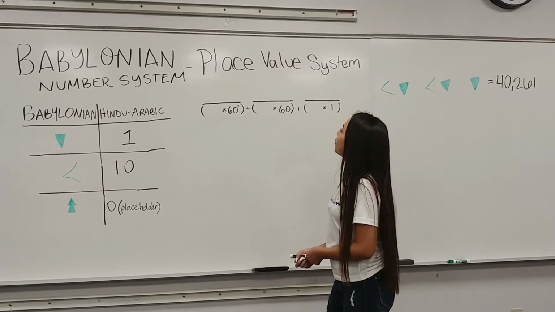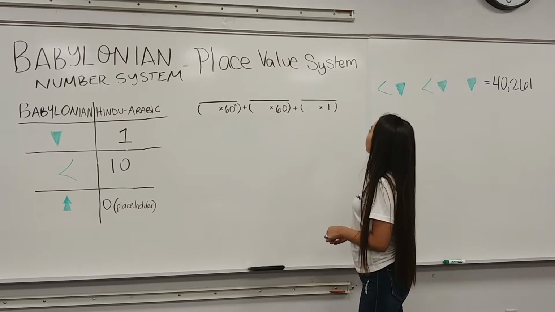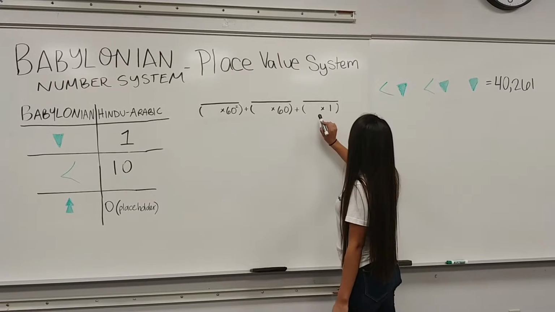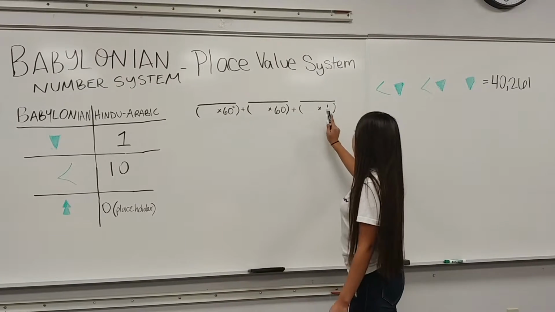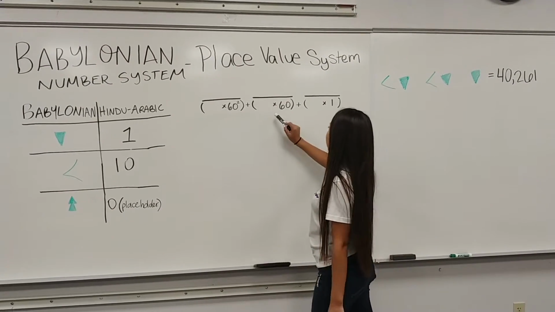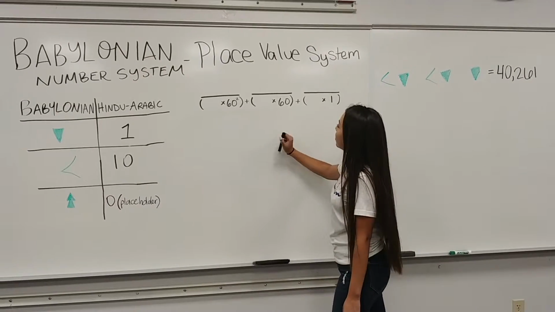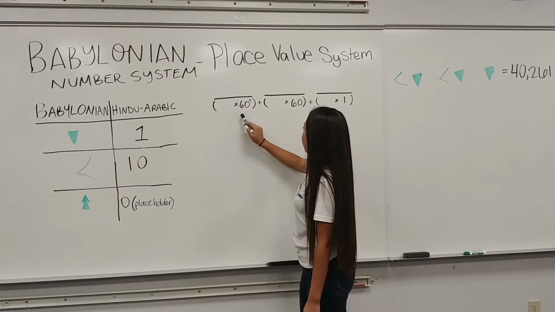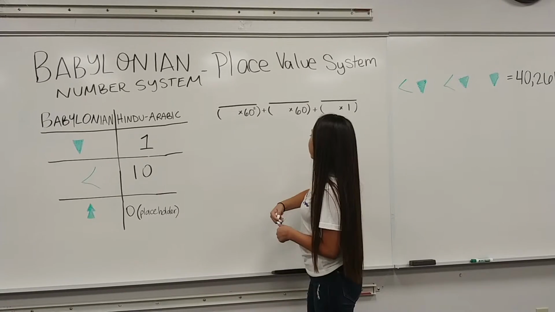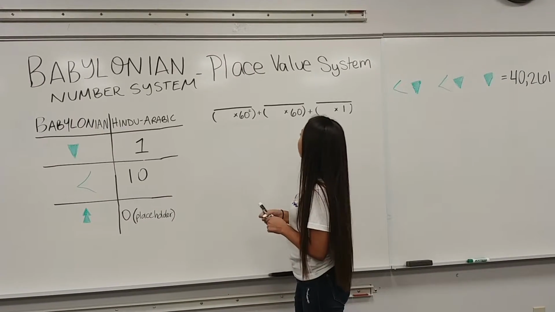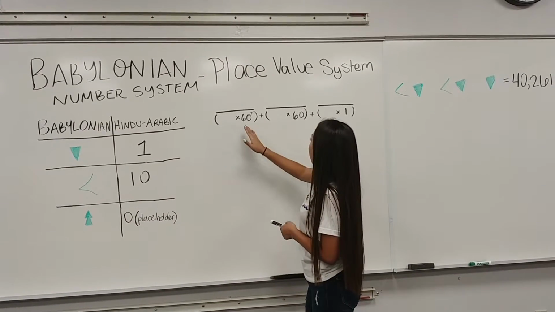So for the Babylonian place value system, the first group would be multiplied by 1, the second group would be multiplied by 60, and the third group would be multiplied by 60 squared, and so on.